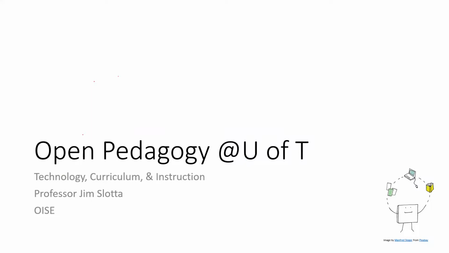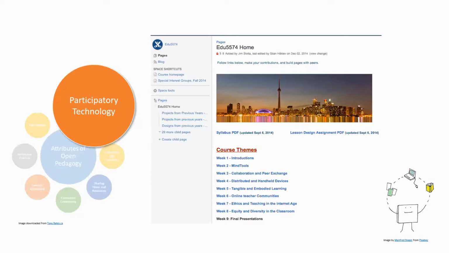The title of the course has changed in the past 10 or 12 years, but the material is similar. It's about technology, curriculum, and instruction, and how collaborative technologies can be used in teaching and learning contexts. So we will just review the 4 attributes of open pedagogy and how they manifest in this course.